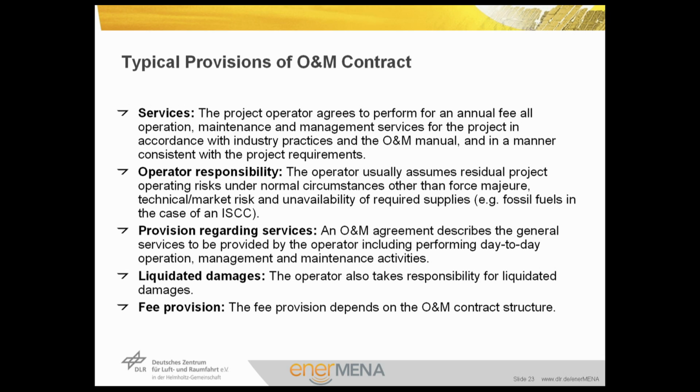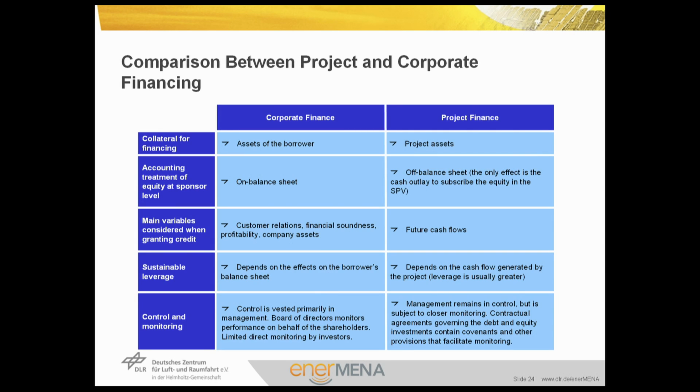And finally, the fee provision. The fee provision depends on the O&M contract structure, as mentioned in the previous slides. Finally, we come to the comparison between the two project options, the IPP and the corporate financing schemes.